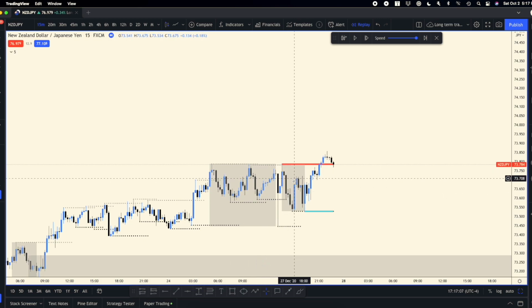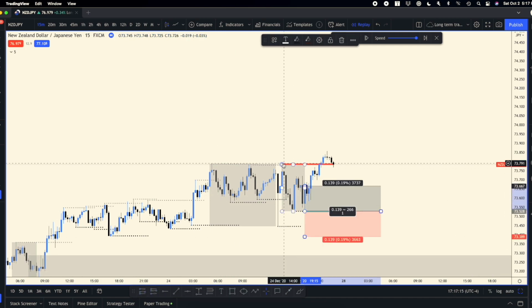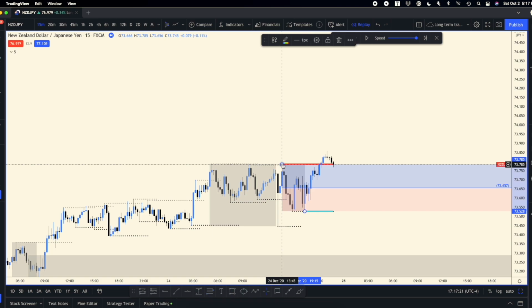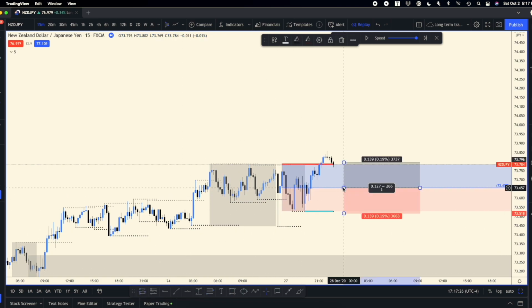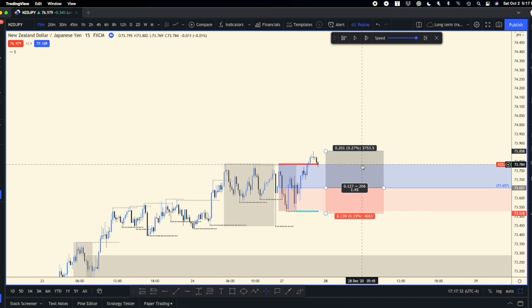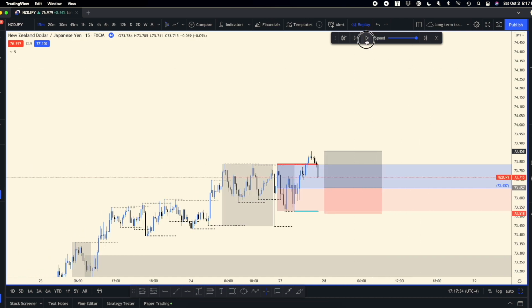So this technically is not a double MB confirmation, right? But it's all good. I didn't mean to do that. So we will look to take this trade, depending on what it does.